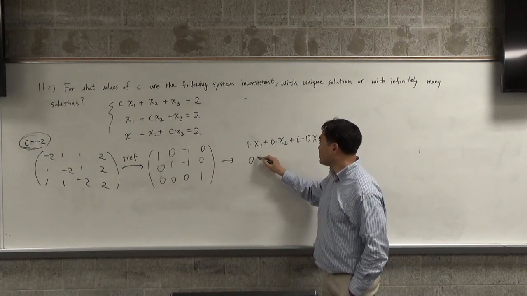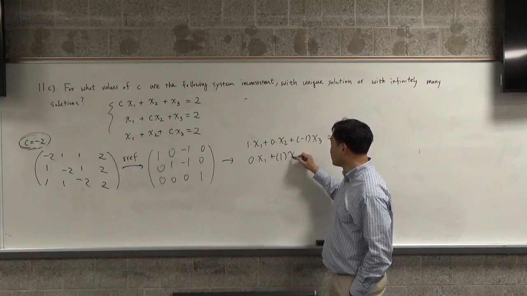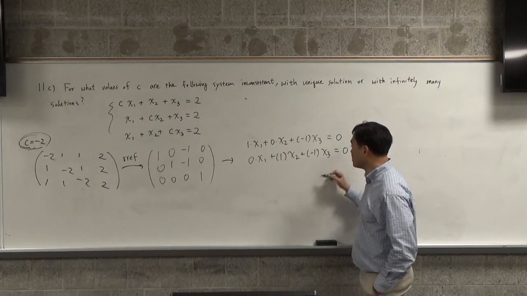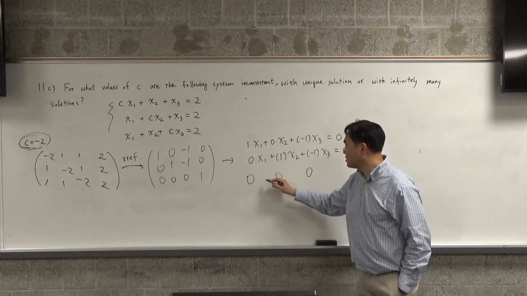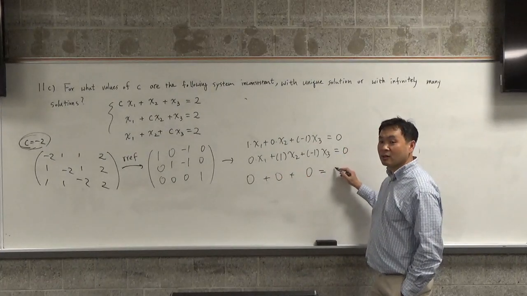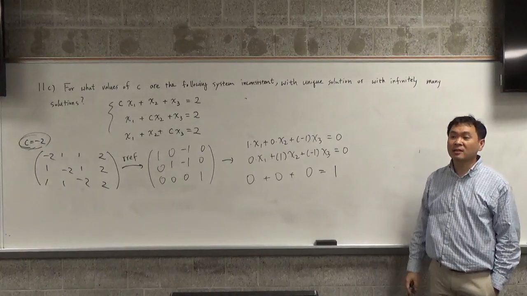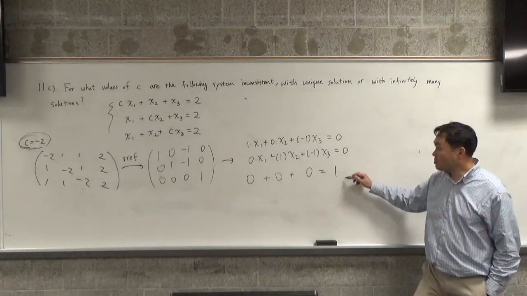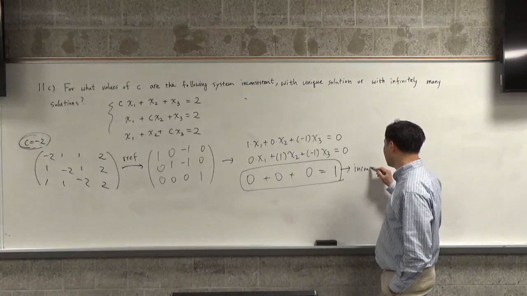And then 0 times x1 plus negative 1 times x2 plus negative 1 times x3 equals 0. And then it's 0, 0, 0. 0 times anything is 0, equals 1. So what does that mean? It's inconsistent because there's no way adding 3 zeros will give you 1. So this last line says this is inconsistent.